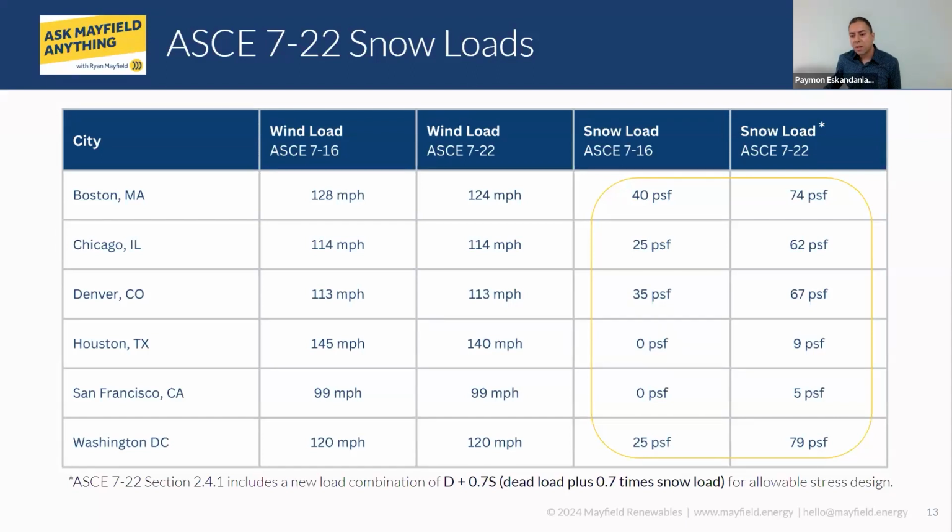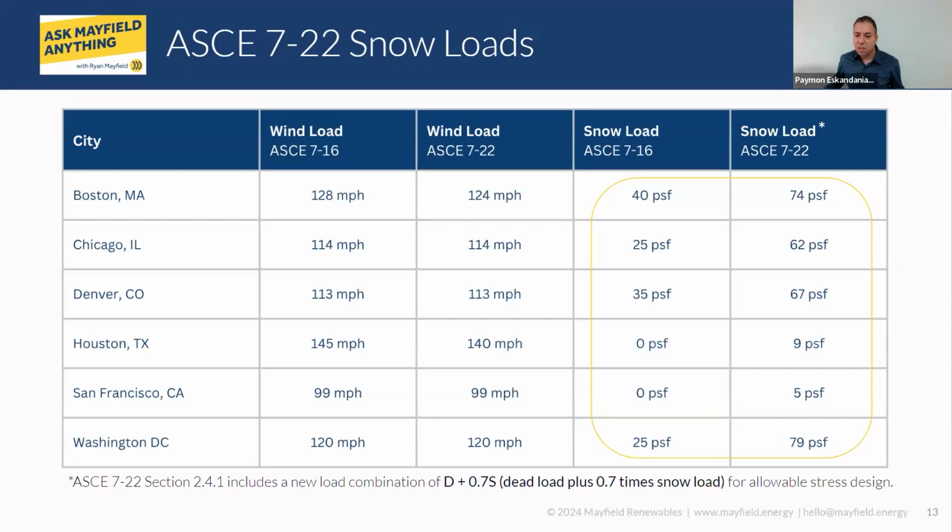So they basically raised it to the same level as wind and seismic, meaning that if you want to really do an apples to apples comparison, you have to convert the values on the right-hand side into the nominal equivalent by factoring them. The factor that they have currently for ASCE 7-22 applied to snow loads is 0.7.